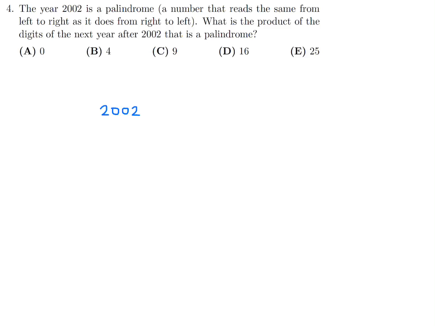The very next palindrome after that, if you do a little bit of thinking, is 2112. And they want the product of the digits. So these are the digits. The product will be 2 times 1 times 1 times 2. And that is 4. So number 4, the answer is B.